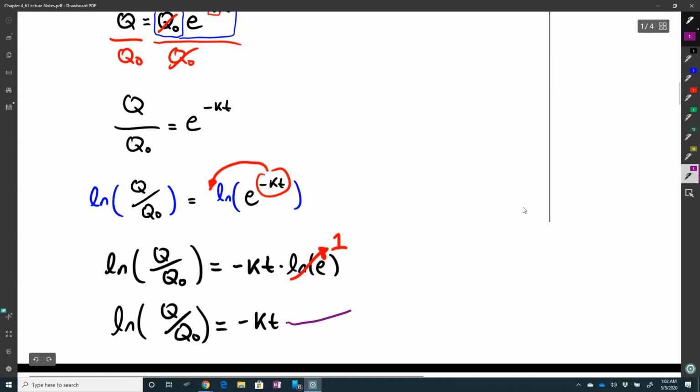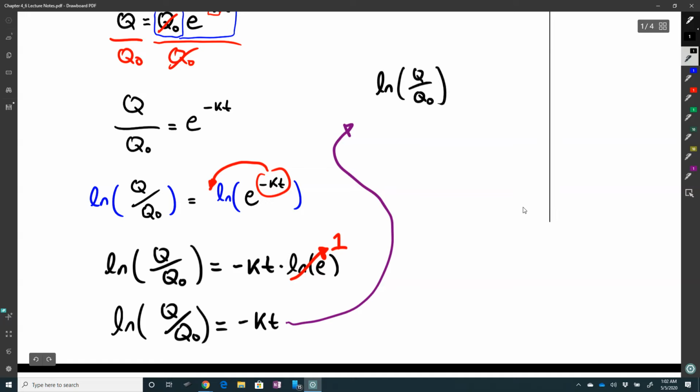I'm going to move my work over here because I ran out of room. Let me rewrite that. To solve for k, notice that we have to get rid of the negative sign too. So let's get rid of both at the same time. I'm going to divide by negative t. Those cancel, those cancel.